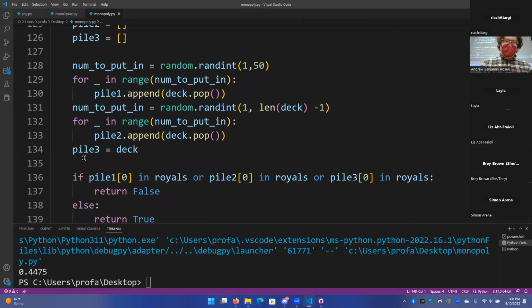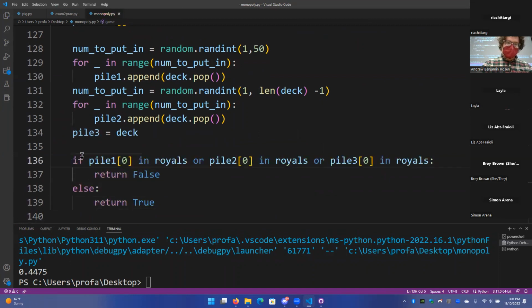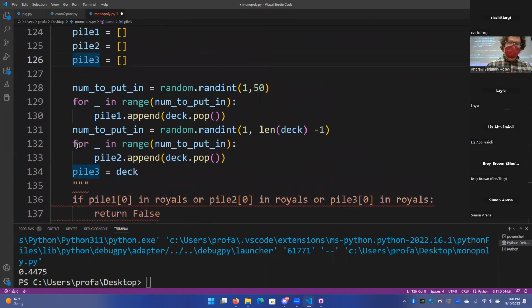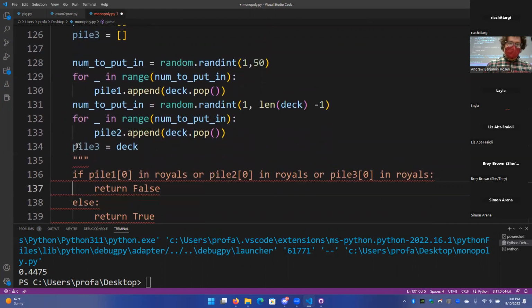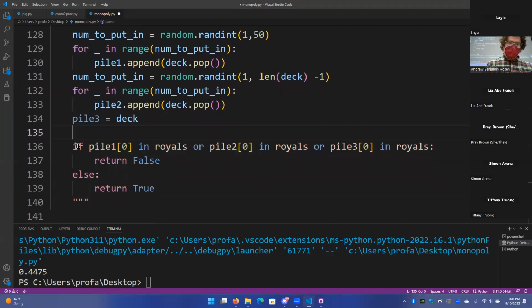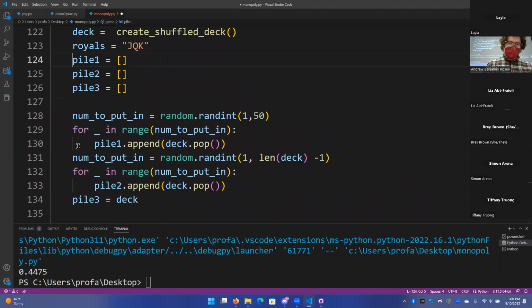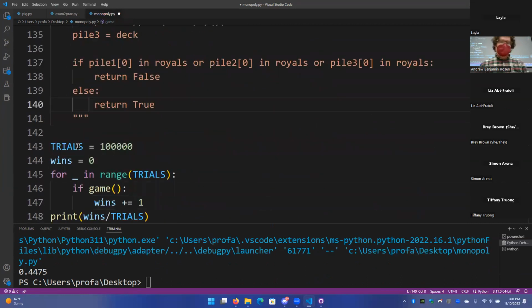Now, let's go ahead. Now, instead of doing all this, and splitting up into 3 piles, I'm just going to grab this bit over here.